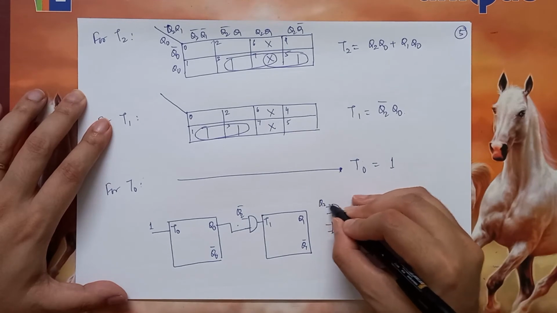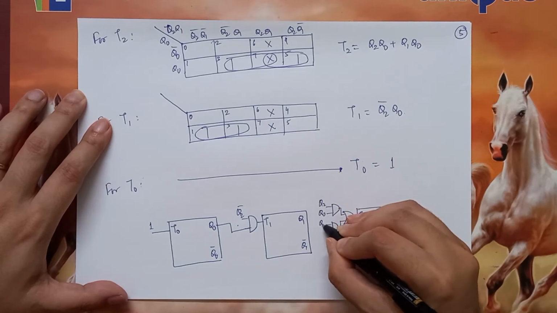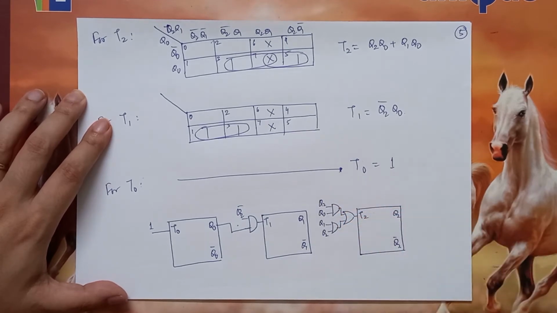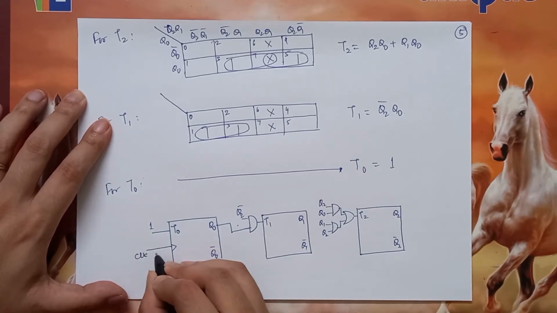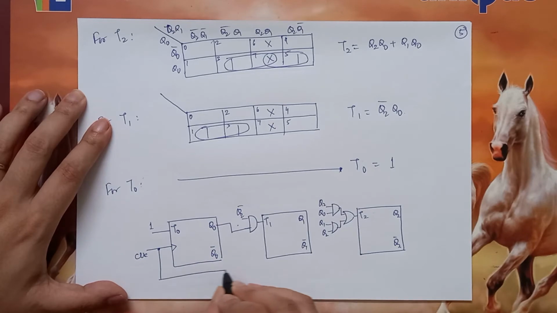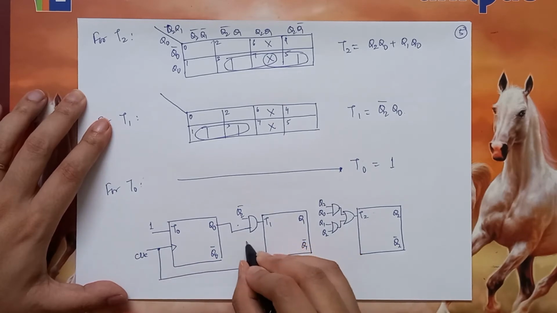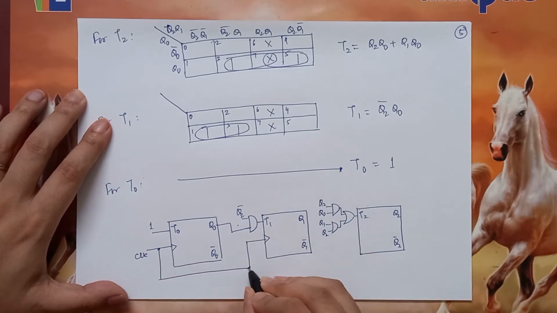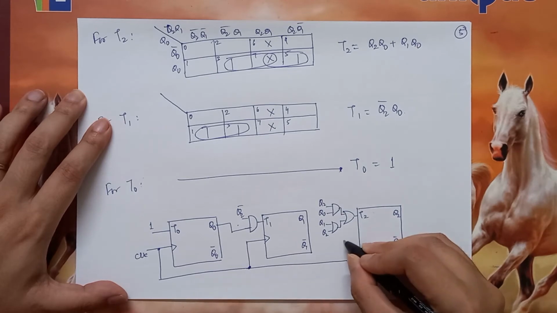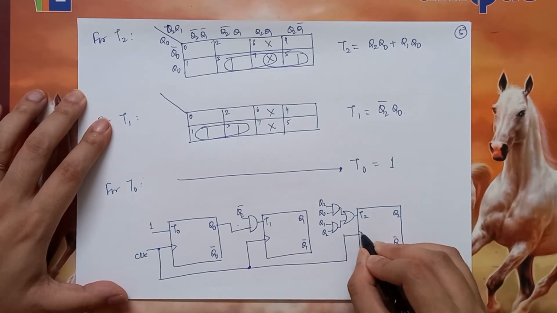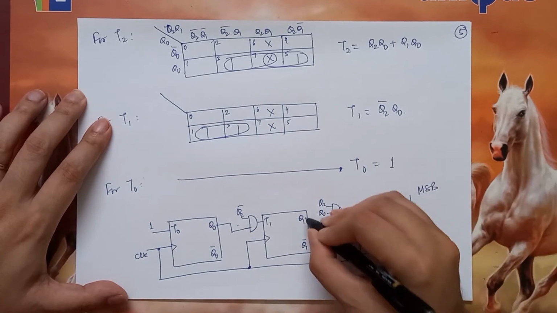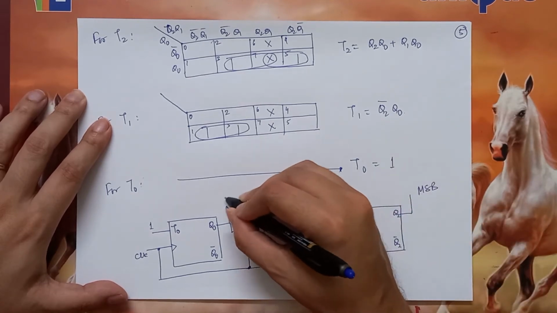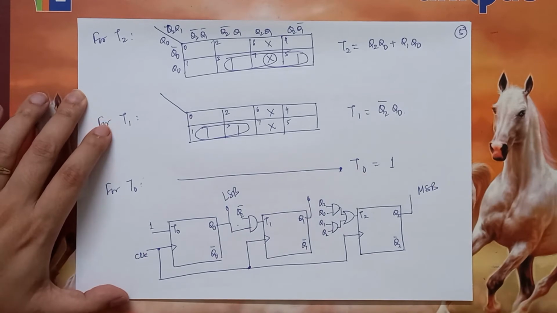So Q2 Q0 and Q1 Q0. Of course, the clock must be shown. Where again Q2 is the MSB, Q1 is the second bit, and Q0 is the LSB of the count.